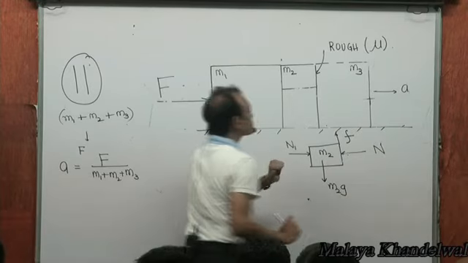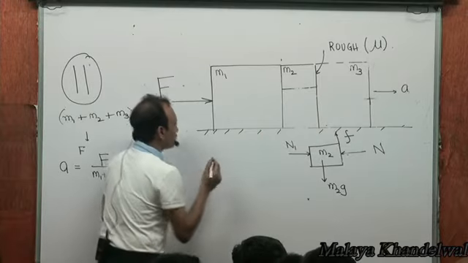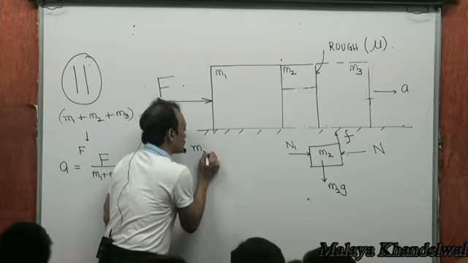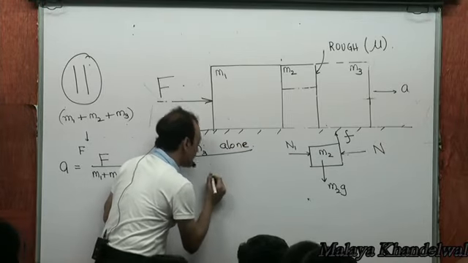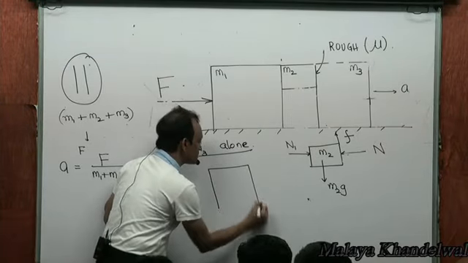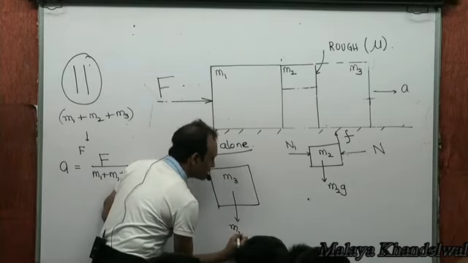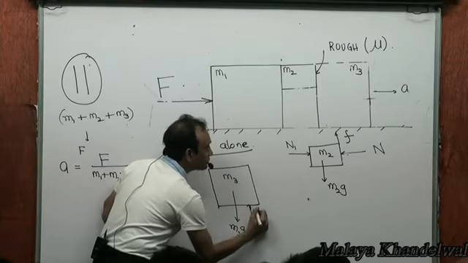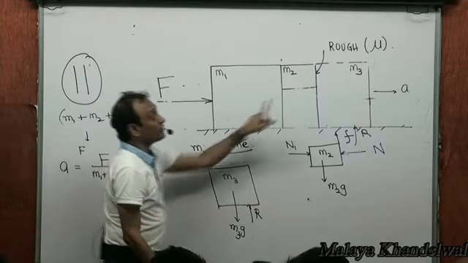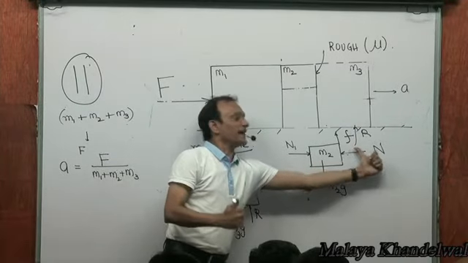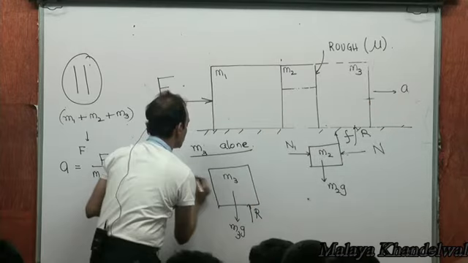What I do is, I look at the free body diagram of M3 alone. This is M3. Mother Earth, M3g downwards, normal reaction from the ground, R. Now, if M3 exerts on M2 a force N like this, M2 will exert on M3 a force N like that.